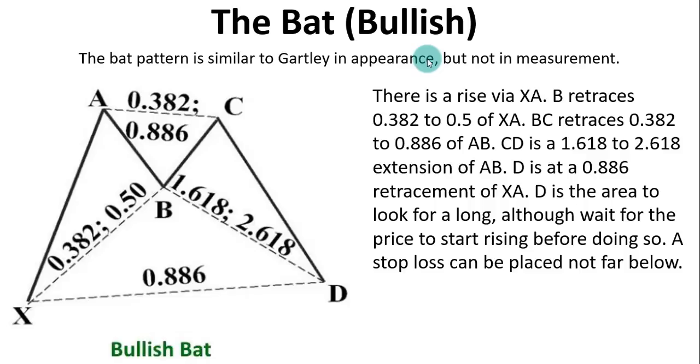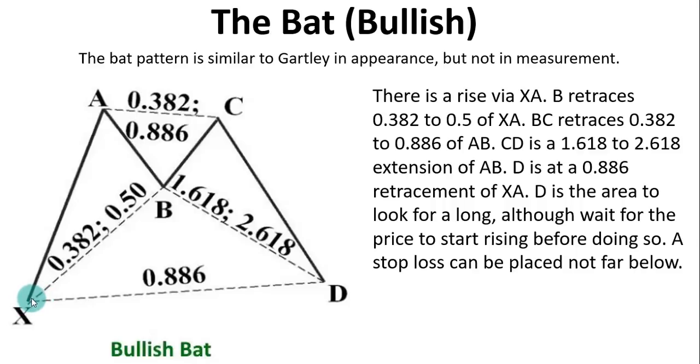The bat, okay, what can you notice? The bat pattern is similar to the Gartley in appearance, but the measurements are different. If you look at the Gartley, point D is not extending beyond point X, which is what we said.